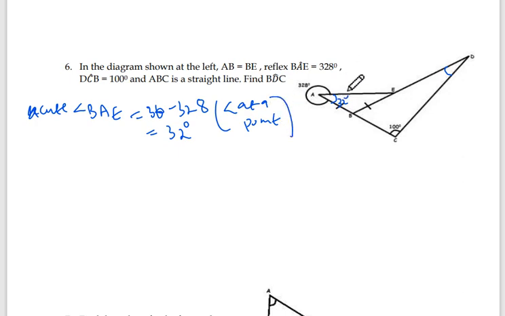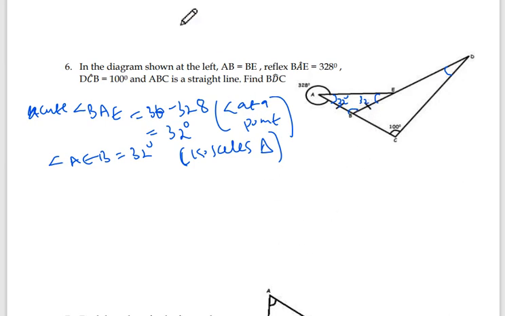So this is 32. Now if this is 32, this angle will also be 32. Angle AEB is also 32 degrees because it's an isosceles triangle. So this angle is also 32 degrees.